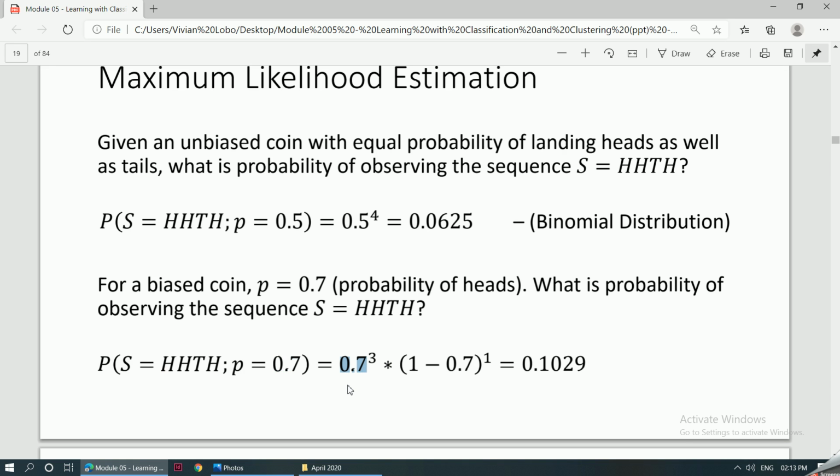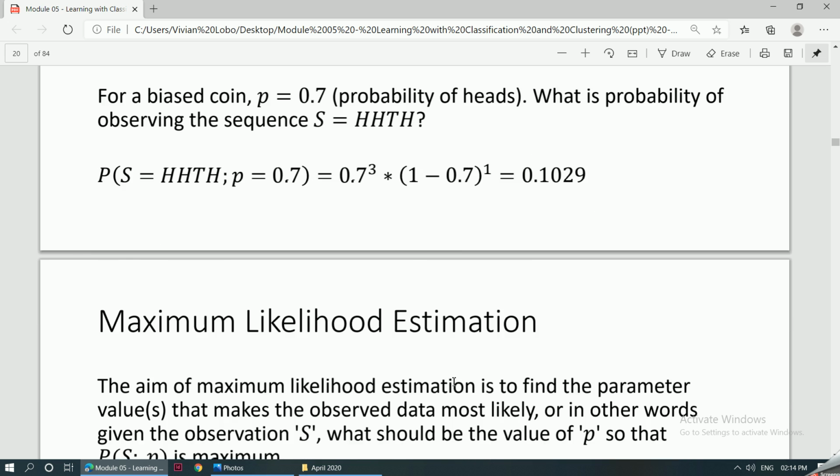So we will be writing 0.7 raised to 3 because head is occurring 3 times, into 1 minus P, that is, 1 minus the probability of head occurring is nothing but tail occurring. So 1 minus P, which is 0.3, raised to 1, because tail is occurring only once. So the final answer is 0.1029.